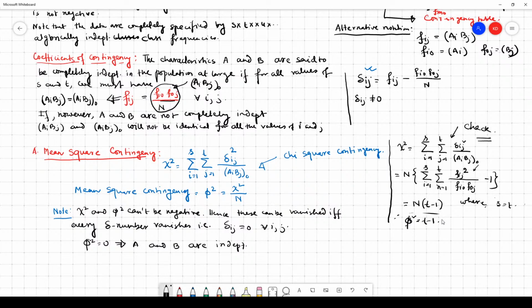Okay, so hence, for this reason, phi square is not suitable for comparative study.